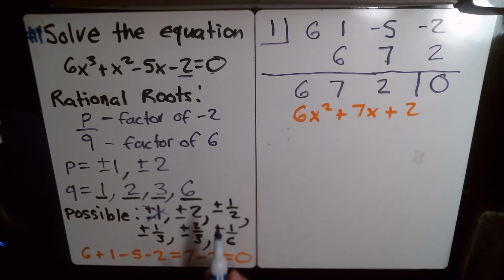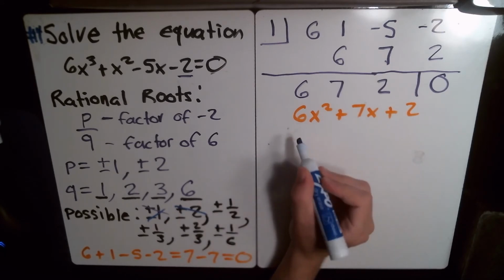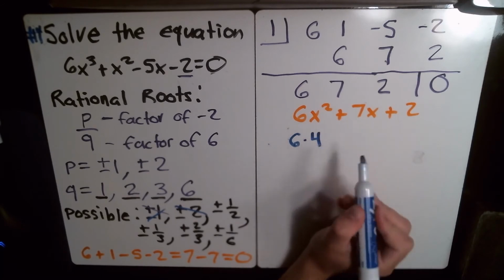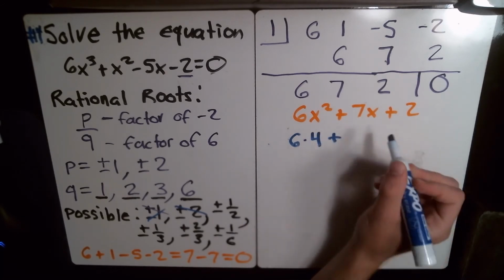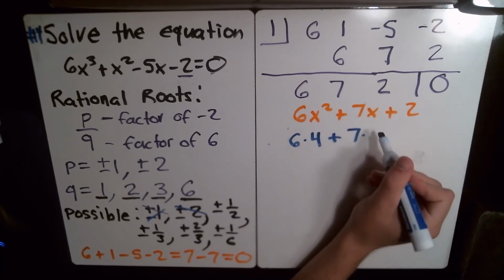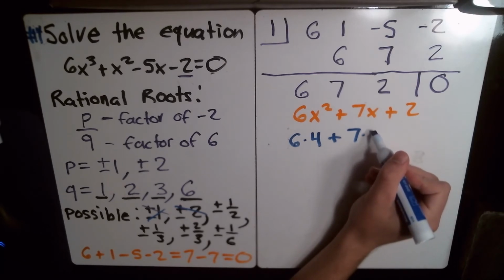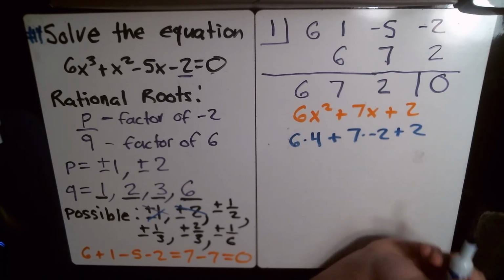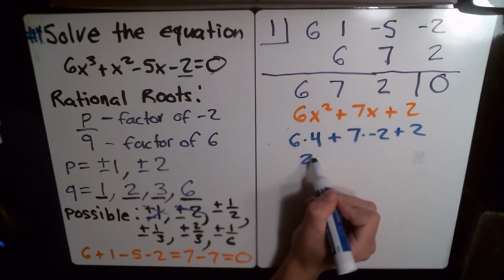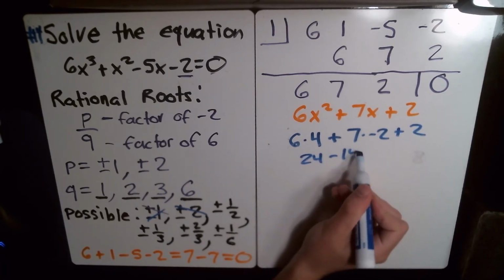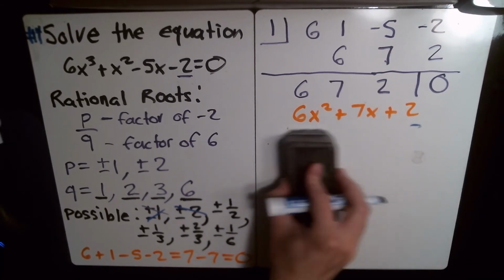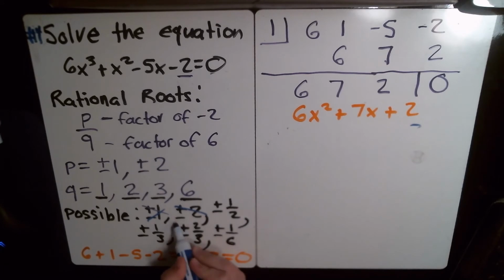So positive 2 is not going to work. Let's try negative 2. So we do 6 times 4 plus 7 times negative 2 plus 2. So this is going to be 24 minus 14 plus 2. That's not going to be 0. So negative 2 doesn't work.